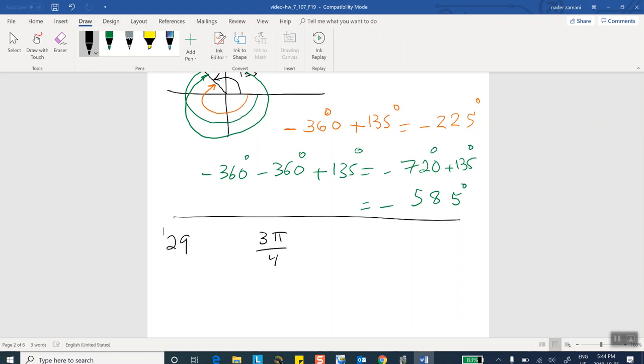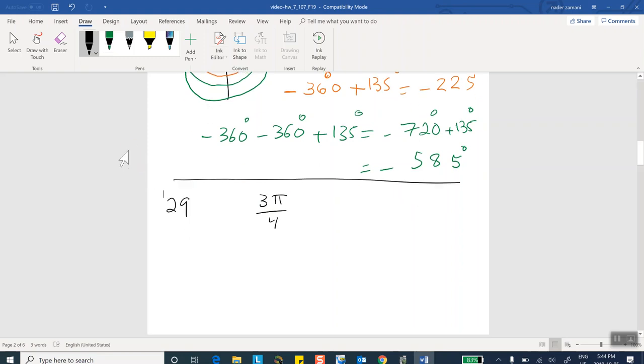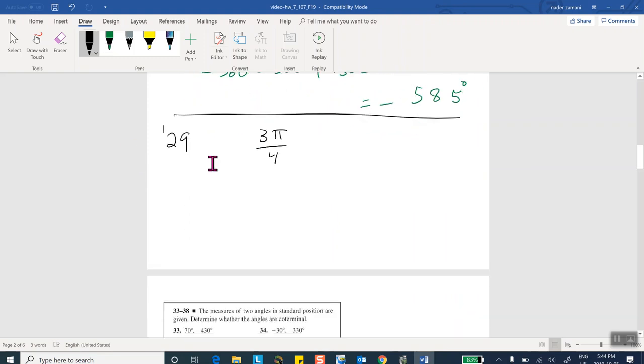Now, 3 pi over 4 is this angle. Remember, pi over 4 is 45, and 3 pi over 4 is going to take you to exactly the same location, namely same thing as 135 that I was talking about. So 3 pi over 4 is right here, which incidentally is exactly what we did in number 28, except that that was in degrees, this is radian.